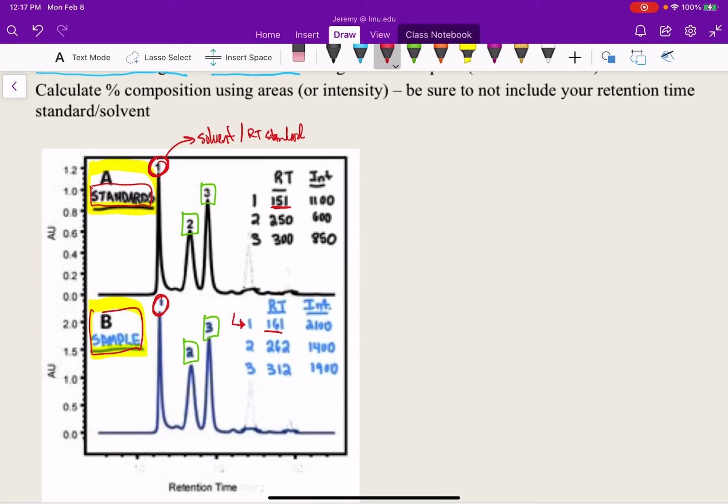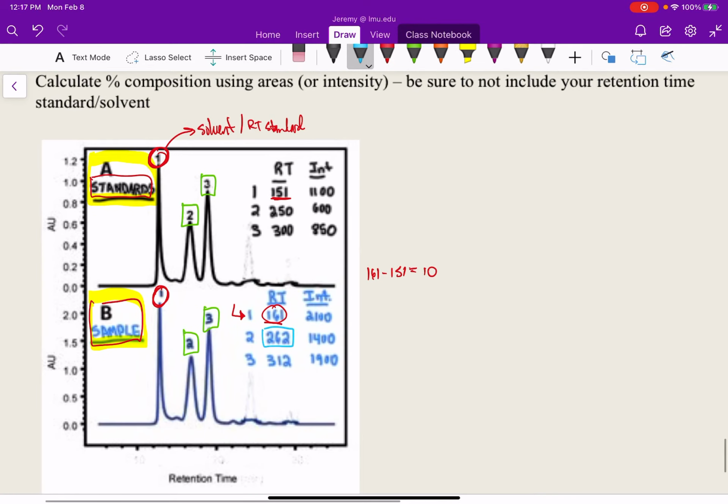This is 10 higher, so to compare these, we need to subtract these numbers. 161 minus 151 is a correction factor of 10. So when we're comparing our standard, that 262 is really going to look like 252, a retention time of 252. And that peak at 312 would really correspond to a retention time of 302.